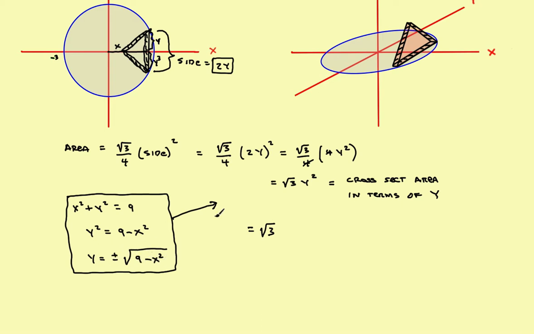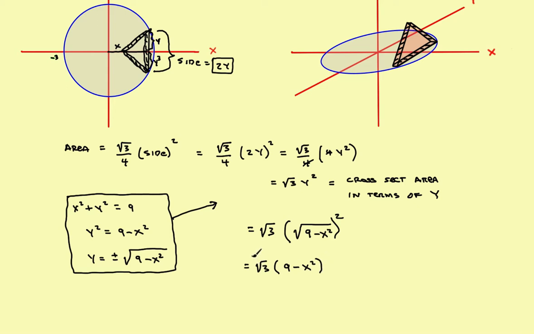Now it's plus or minus, but I'm going to wind up squaring it anyway, so I can just put the square root of 9 minus x squared, and then it's squared. In this case, the square and the square root will cancel out, so it'll leave you with the square root of 3 times 9 minus x squared.